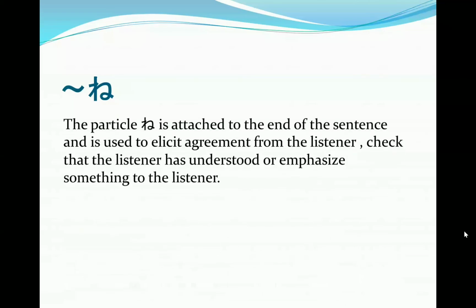Ne is just attached to the end of a sentence to elicit agreement from the listener. So this is also to check that the listener has understood or to emphasize something to the listener. When the speaker wanted to emphasize something to you or just wanted to know if you really understand what they said, they could attach ne at the end of the sentence.